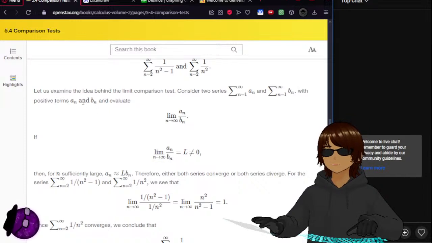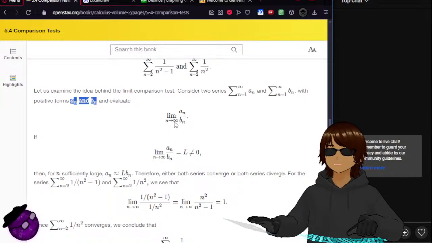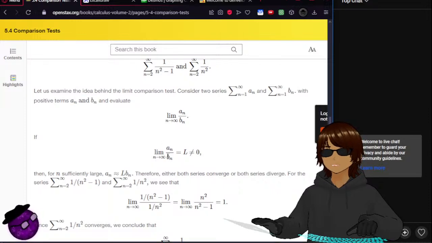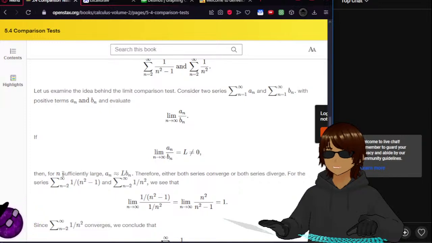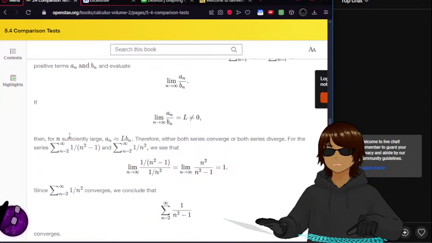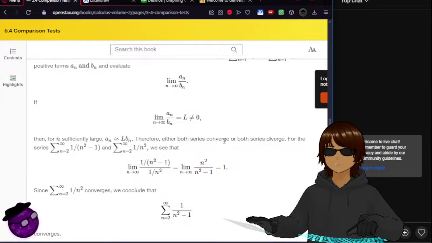This and is within the latex for some reason. I now evaluate this. If the limit reaches a limit L, then for n sufficiently large, an is approximately equal to L times bn. Therefore, either both series converge or both series diverge.